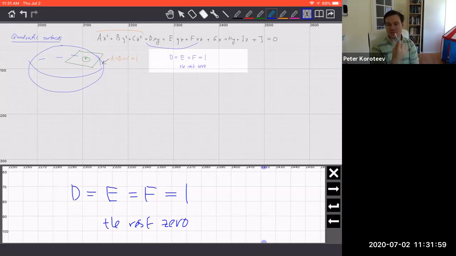What does your gut feeling tell you? It's still quadratic, right?